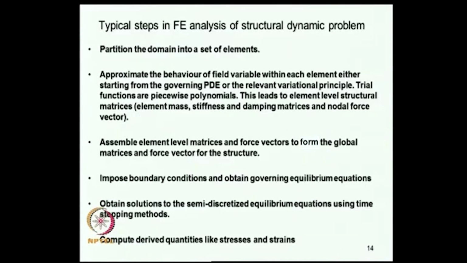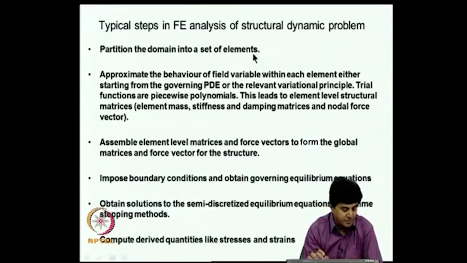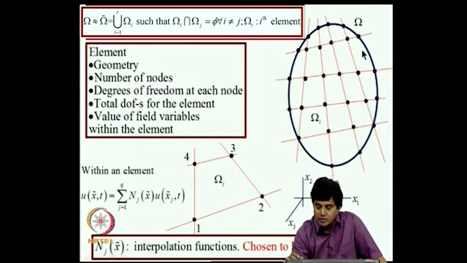So, what are the typical steps in finite element analysis of, say, a structural dynamic problem? We partition the domain into a set of elements. Now, this domain omega we may not be able to represent exactly in a finite element model, for example, if it has curved edges.